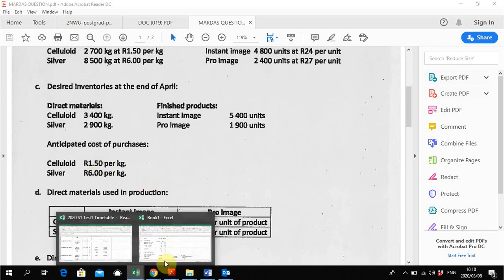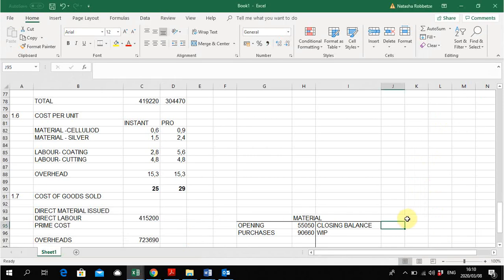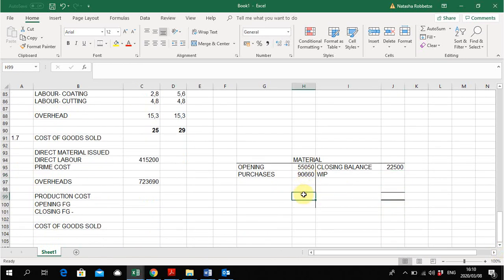So on the memo to get to the closing stock, I'm going to say it is 3,400 times R1.50 plus the 2,900 kilograms of the silver times R6. Now I can calculate the balancing figure of the work in progress, but I must first get a balancing figure between the double lines, a balancing total.